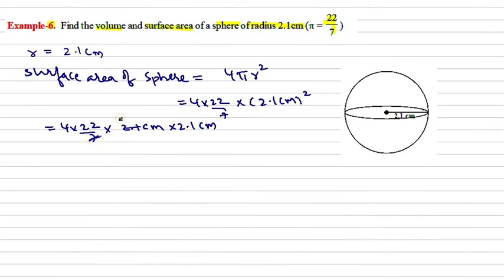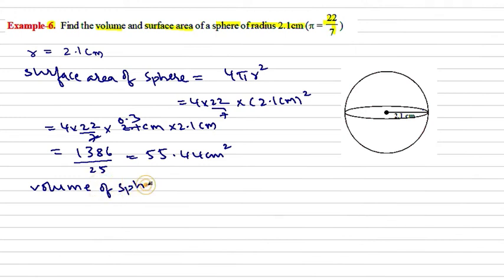So 7 times 1 is 7, 0.3 centimeter, which is equal to 1386 by 25, which is equal to 55.44 centimeter square. Next we are going to find the volume of a sphere.